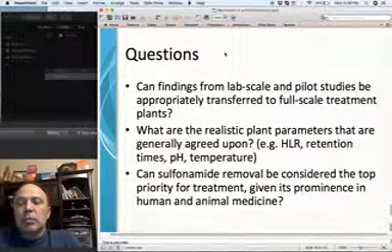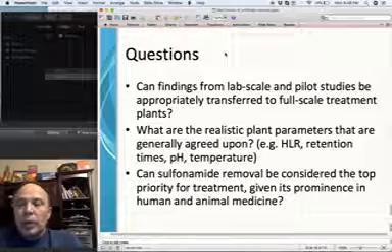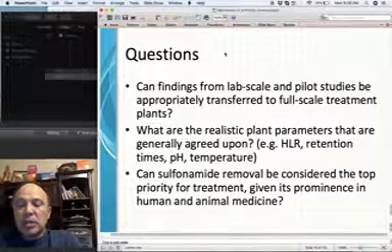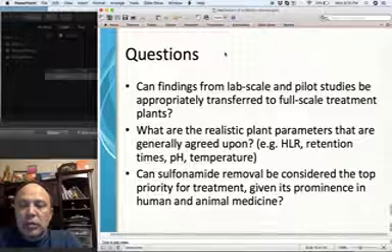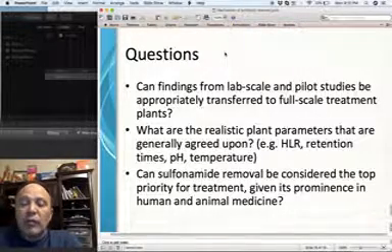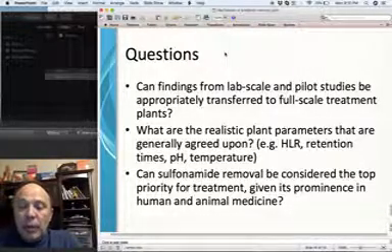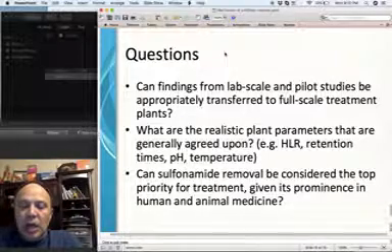So I'm talking about hydraulic loading rates, retention time, pH, temperature. Are there generally agreed upon parameters that can be applied for plants across the world in different regions to enhance removal efficiencies? And then can sulfonamide removal be considered a top priority for treatment?